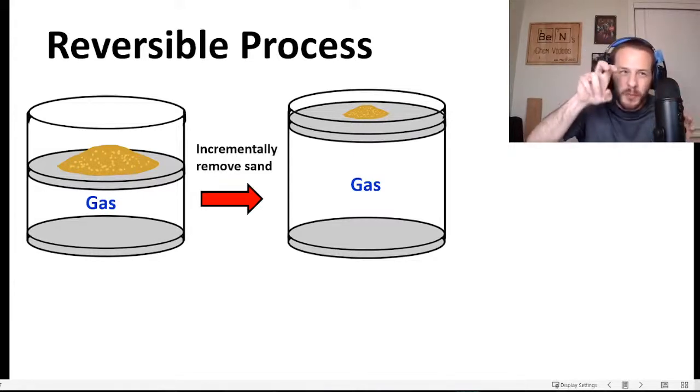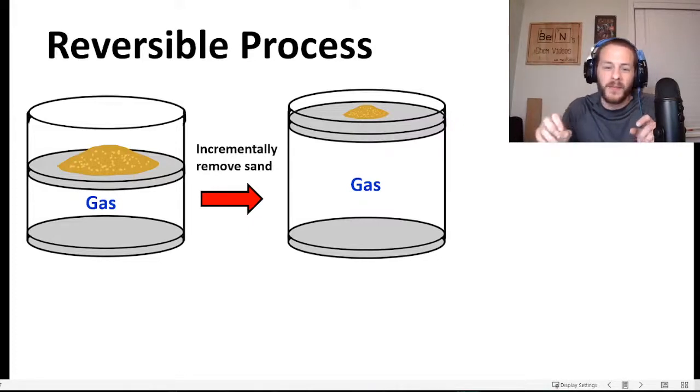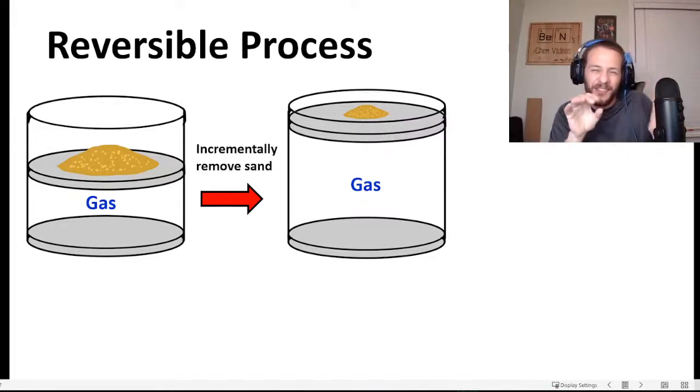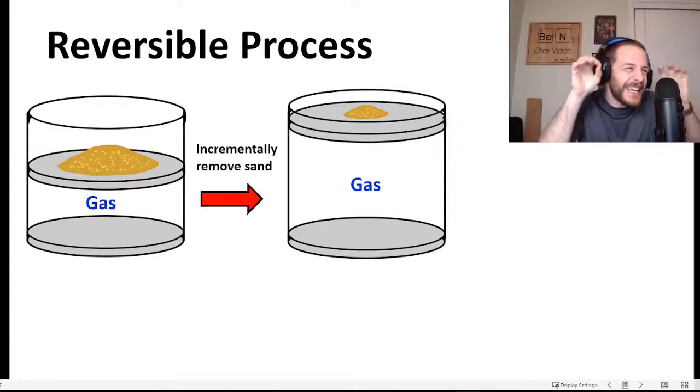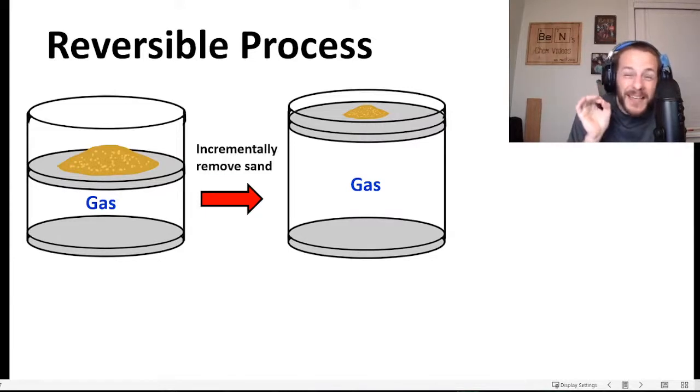Imagine you just removed one little grain of sand at a time, so that the weight of that sand is just infinitesimally less than the pressure of that expanding gas. And so basically what you would have is a series of tiny, infinitesimally small expansions, right?